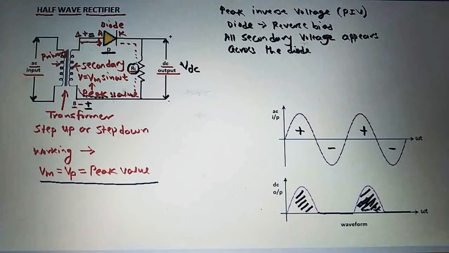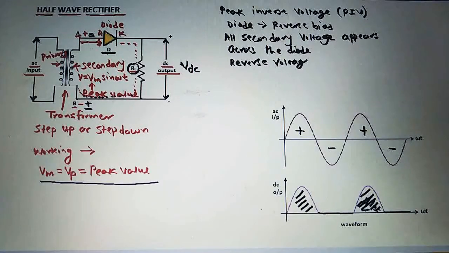So during the negative half cycle, the diode is in reverse bias, so all the secondary voltage appears across the diode, and this secondary voltage is called the reverse voltage.